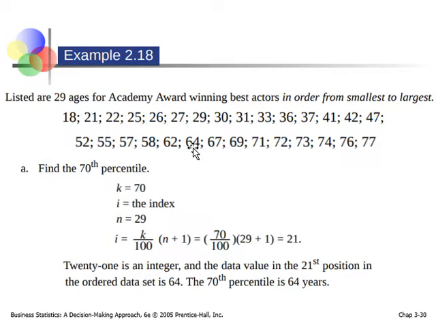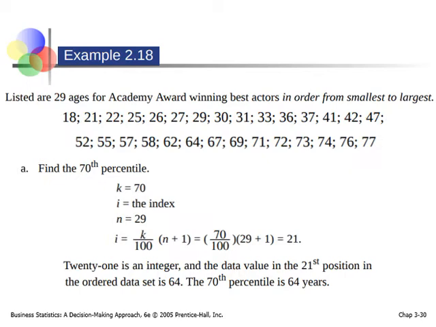So in this case, the 70th percentile in this data set is 64. Meaning 70% of your data are below 64 years old, and the remaining 30% of your data is above 64 years old.